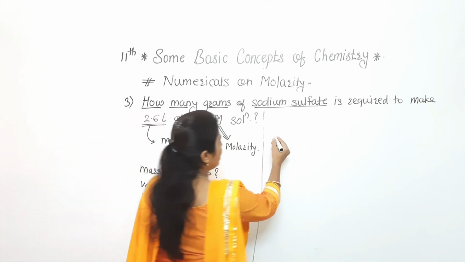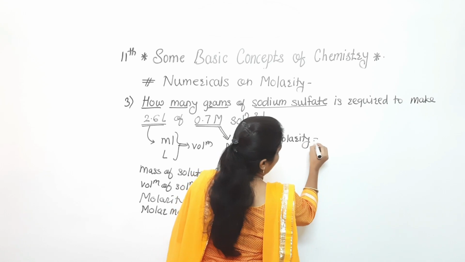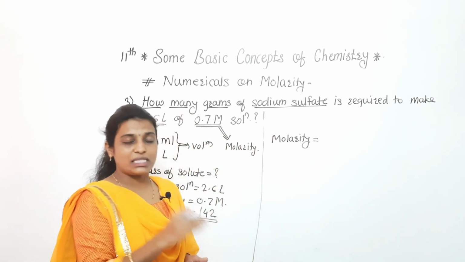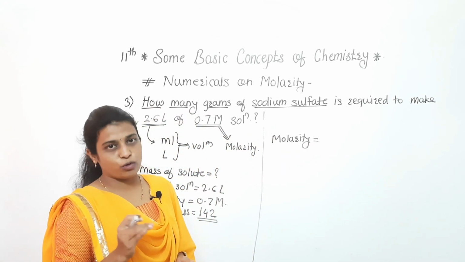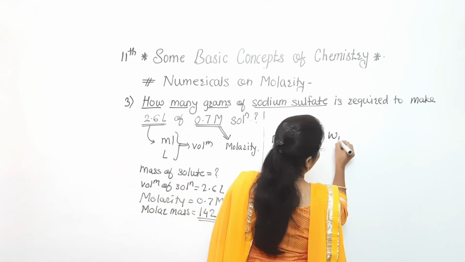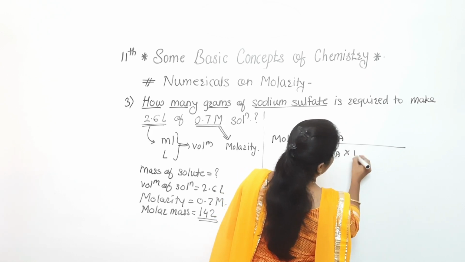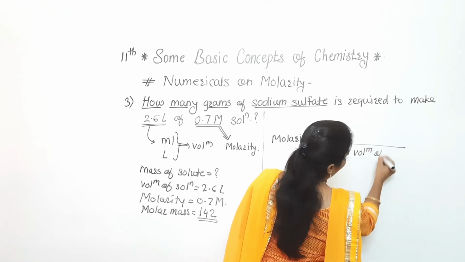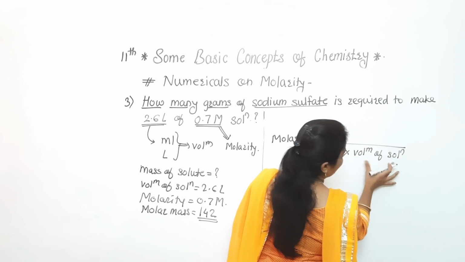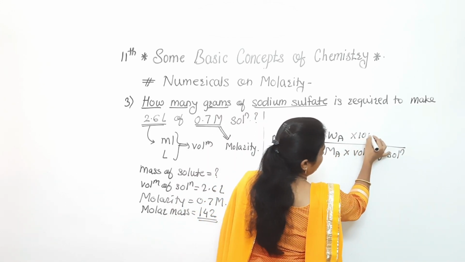See, molarity is equal to, as we have taken previously, Na means number of moles of solute, but instead of that we are segregating that, that is Wa divided by Ma into volume of solution. If that volume of solution is given in ml, then we have to multiply with 1000.